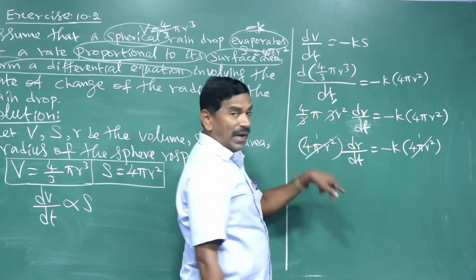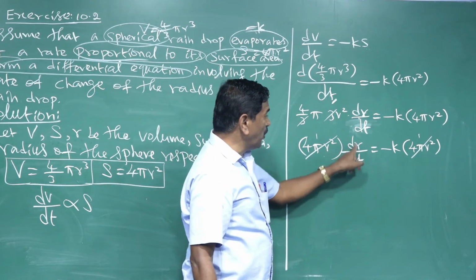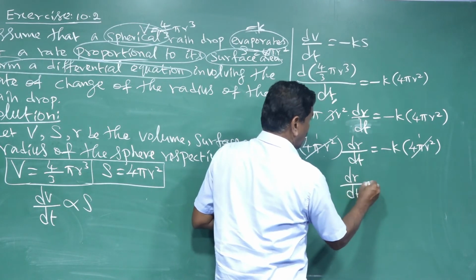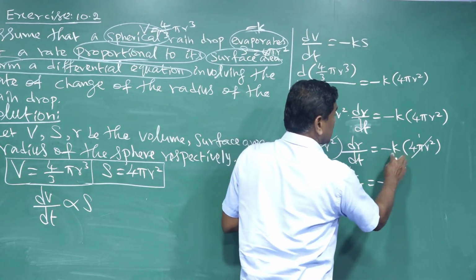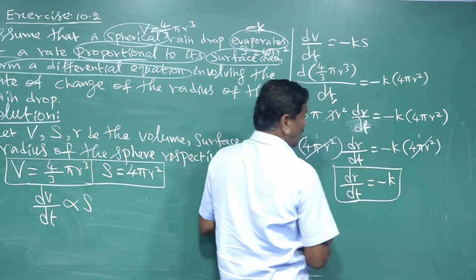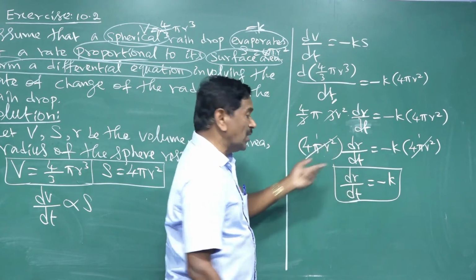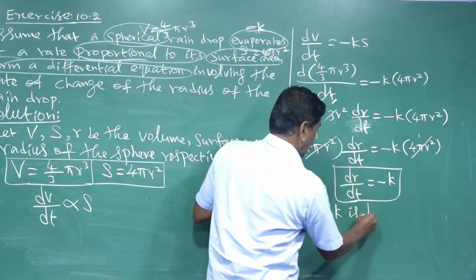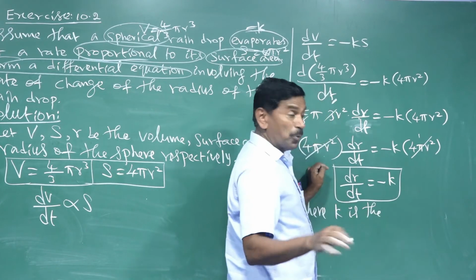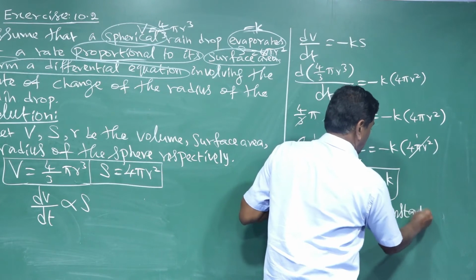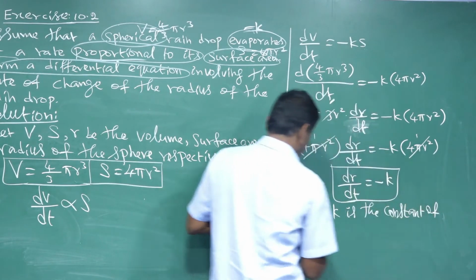Right, remaining is 1 into dr by dt, which is equal to minus k into 1, equal to minus k. That's all. So dr by dt is equal to minus k, where k is the constant of proportionality.